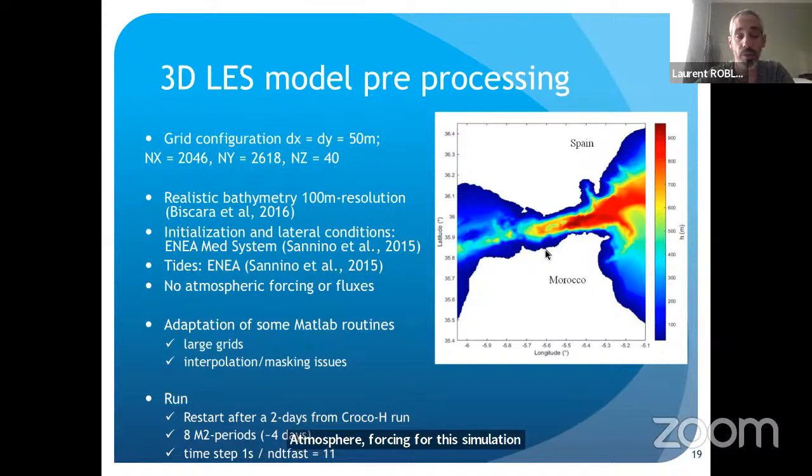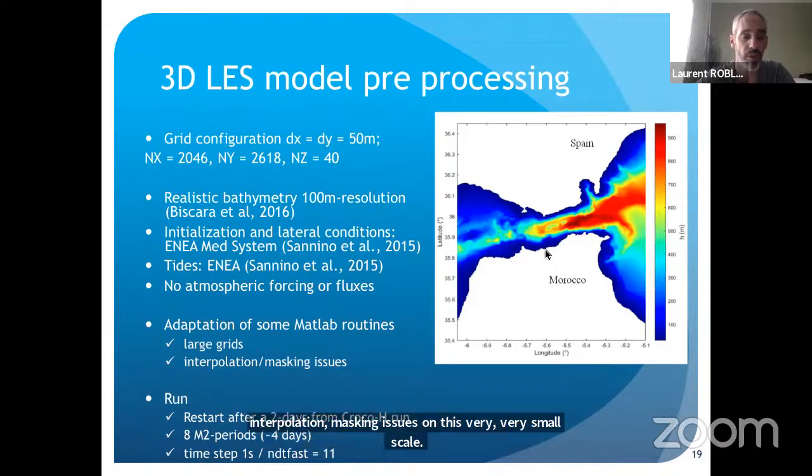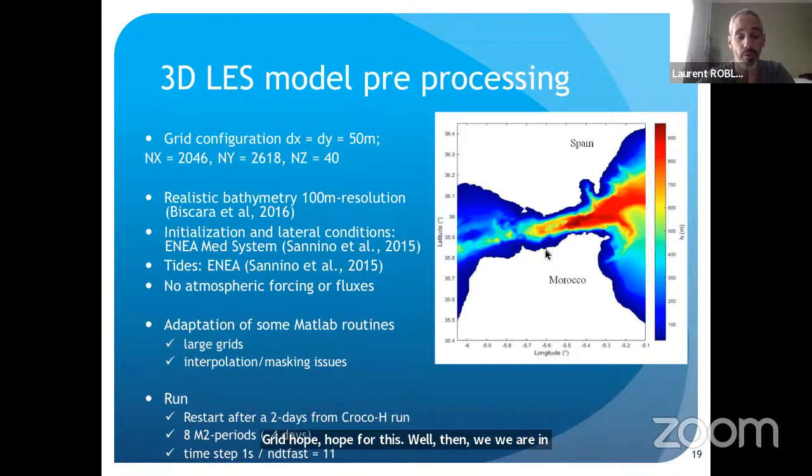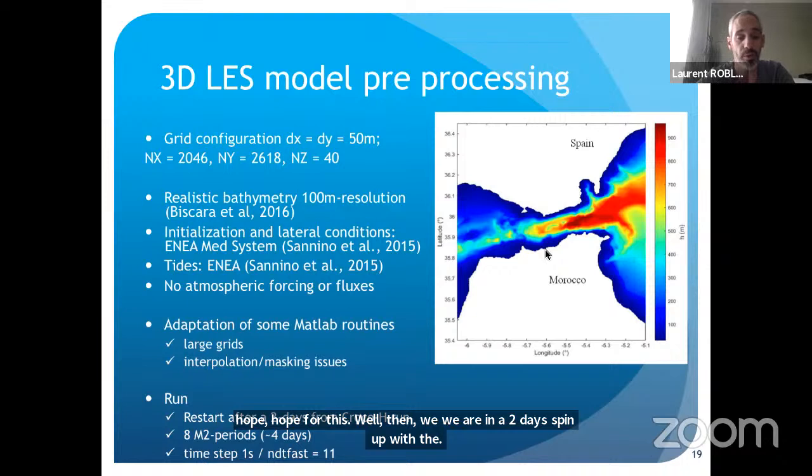Note that we have done some adaptation to the CROCO tools MATLAB routine to be able to take into account large grids, as well as interpolation and masking issues on this very small scale grid. For this model, we run a 2-day spin-up with the hydrodynamic version of CROCO. Then we run a 4-day simulation with the NBQ module.